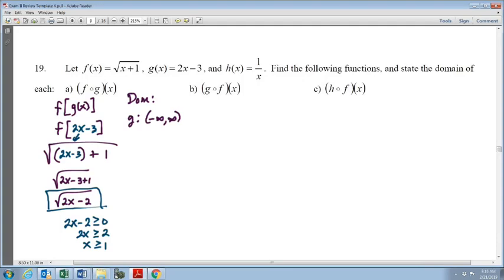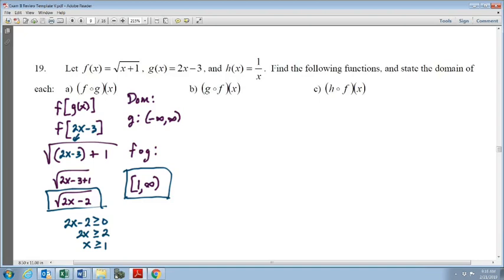And so, basically, we take what we had, which was all real numbers, but we have to restrict ourselves if there's any additional restrictions as a result of what we got for an answer. Well, that's x is greater or equal to 1. That is going to be our domain here.